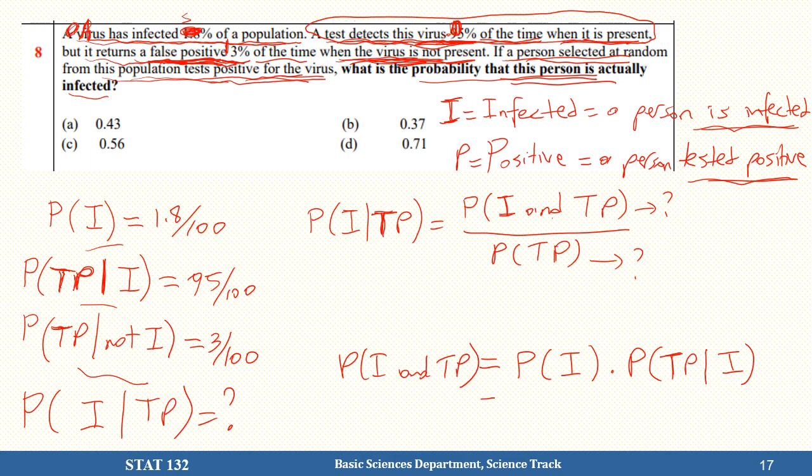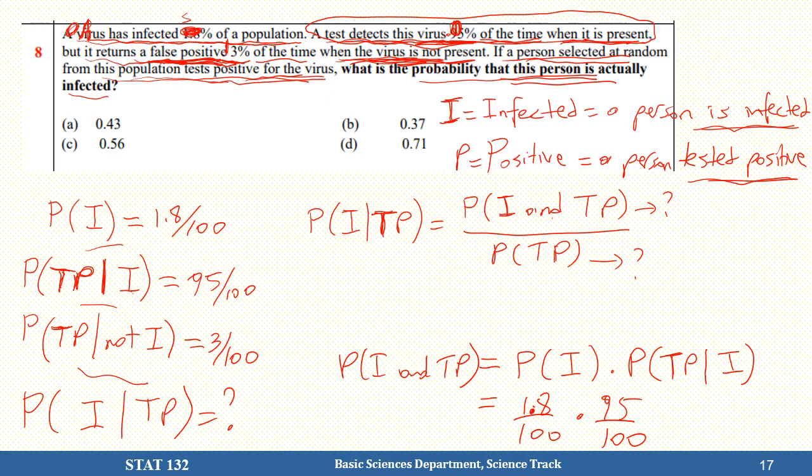So the probability that this person is infected is 1.8% times the probability that the test result is positive, given that the person is infected, which is 95 over 100.